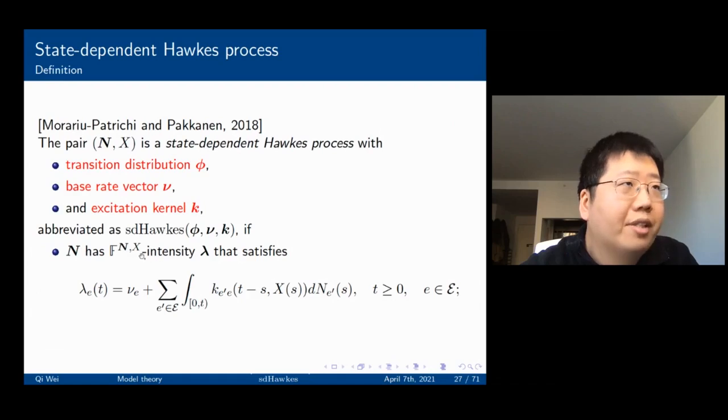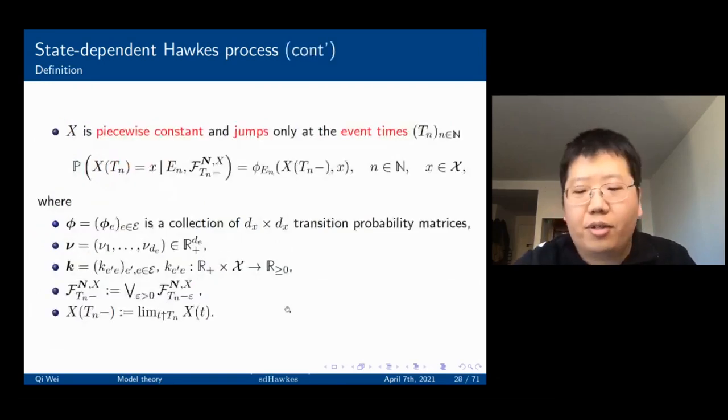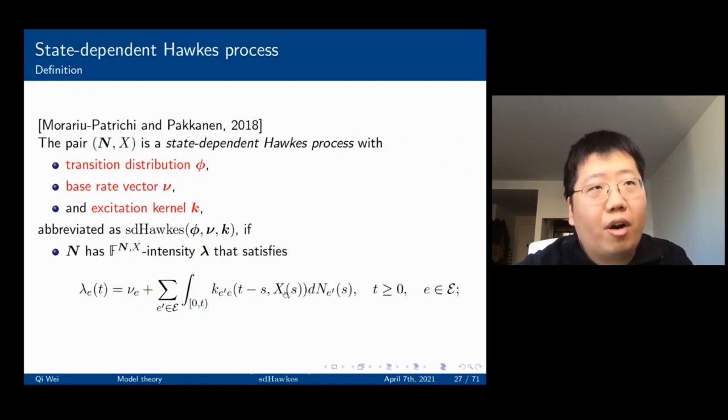The point process part has this intensity lambda. This is no big difference from what I showed you before, but there's one minor change. Maybe you have noticed that this kernel depends on the current state. What does that mean?